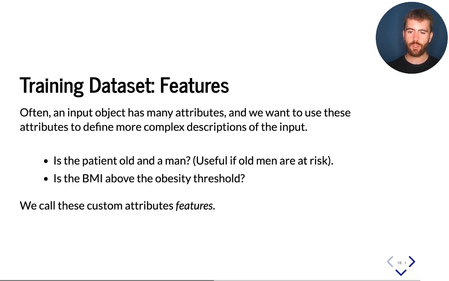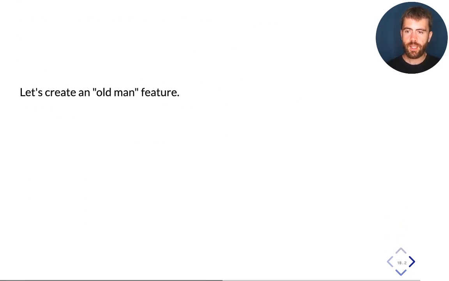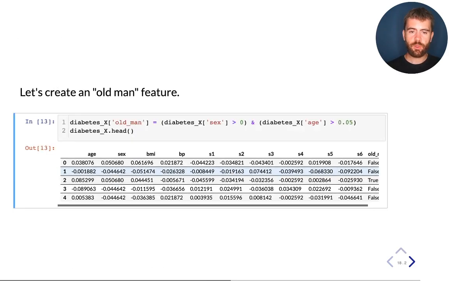And so we're going to use the term feature to denote these custom attributes that we have created for the model. Again, here, just to show you an example, I am creating in this data frame a new column called old man, which is true if the sex of the patient is above 0, which means that it's the male sex, and if the age is higher than a certain threshold.